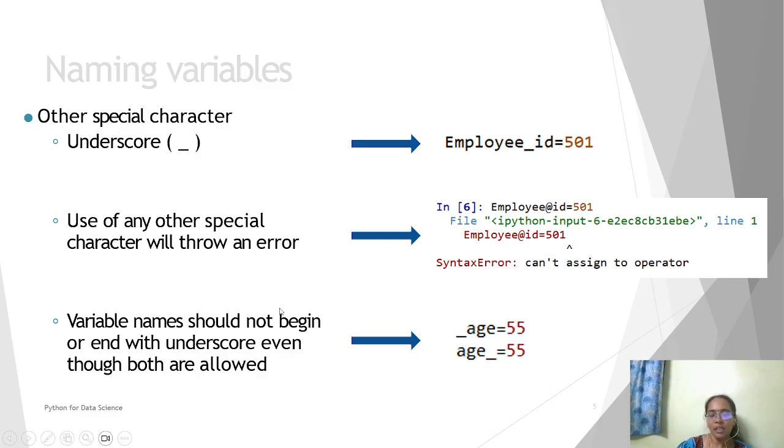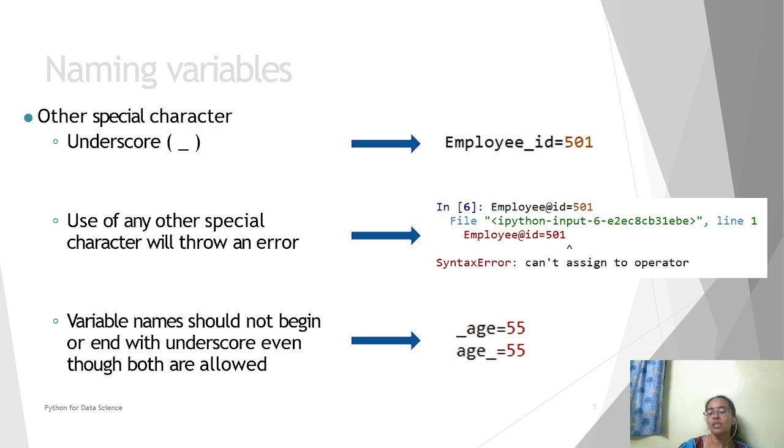And the variable name should not begin or end with an underscore. For example, if I am going to store the mark of social science, I cannot give a space between social and science, because as a variable it will not accept social space science. So we have to use social underscore science. Okay, so that is variables.